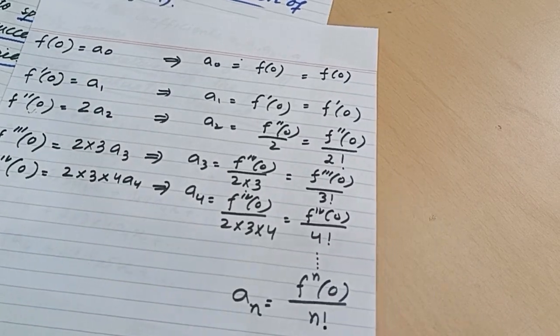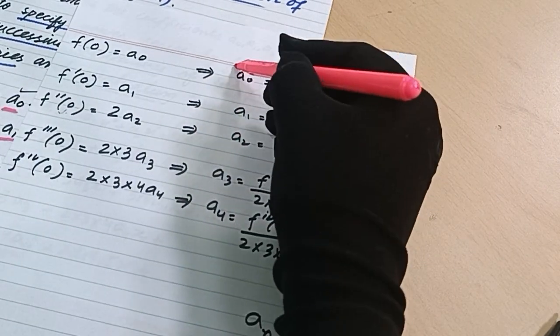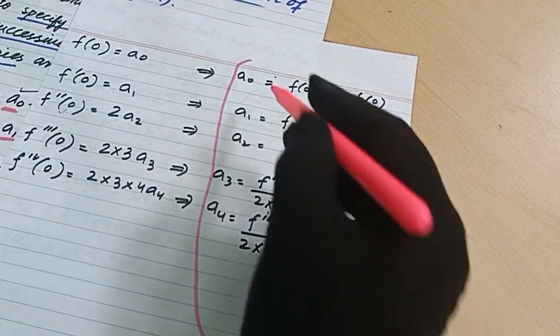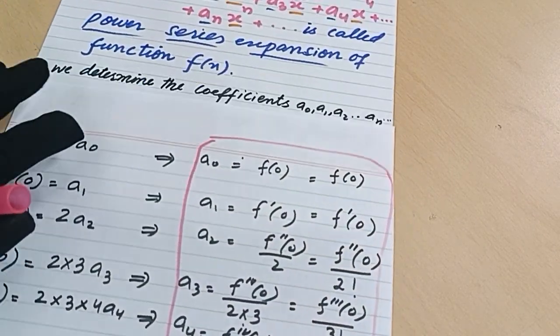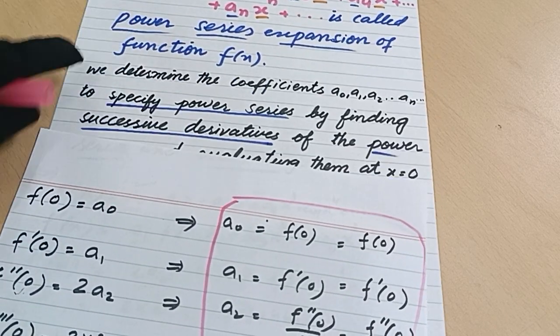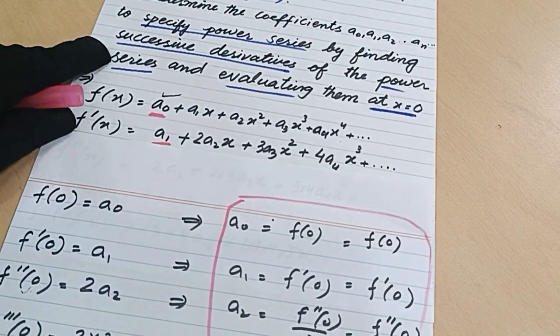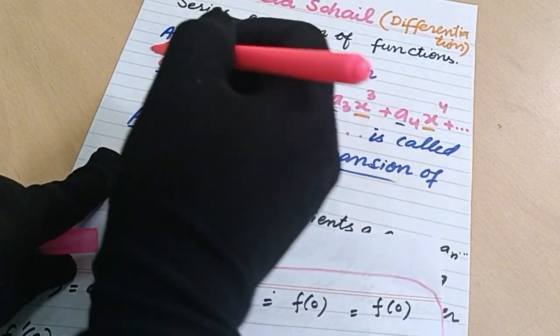Okay, so collecting all these coefficient values from here and using them in our given function, that one was equal to f of x.